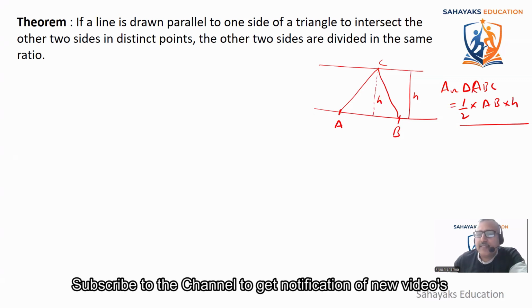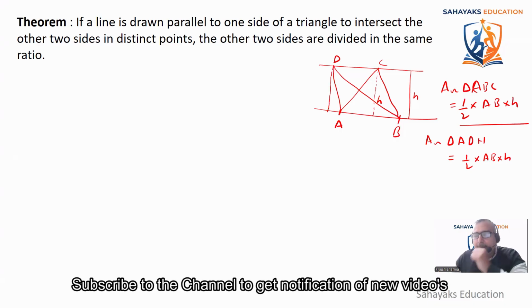Now, if I make a triangle like this, what is the area of triangle ADB? Area of triangle ADB will be equal to, again, half into base AB into height. Again, the height is from here.